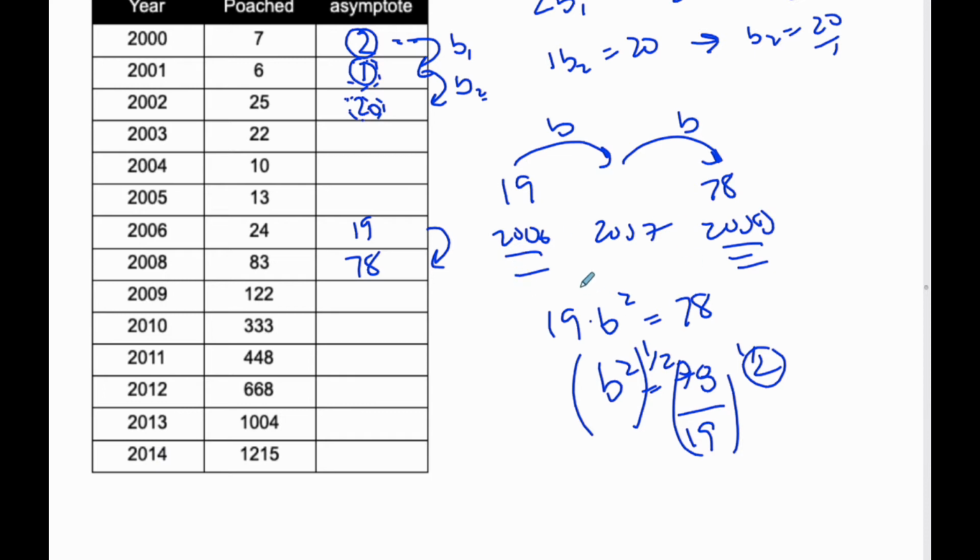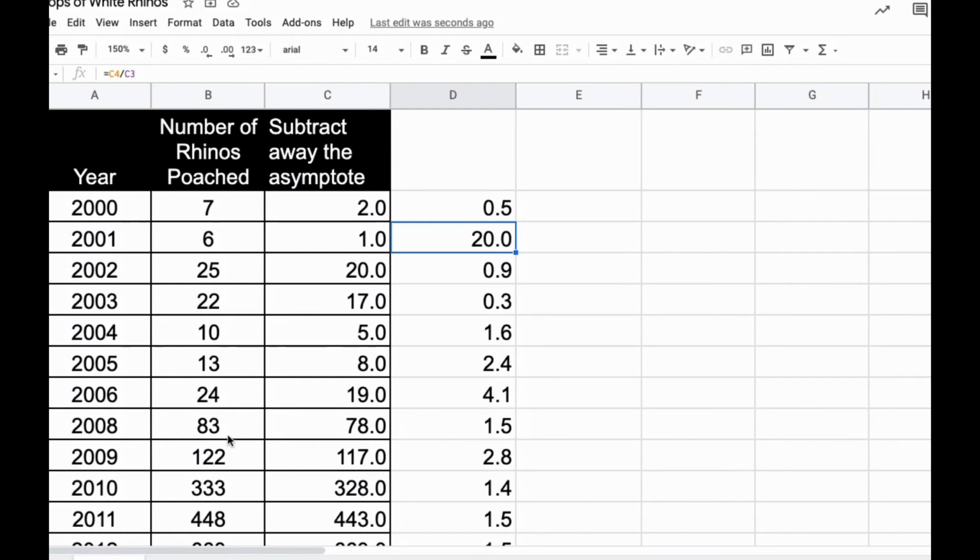So let's use our spreadsheet formula to do all that. If I go to 2008 and double click on it, I can see that this is 2008 divided by the 2006.